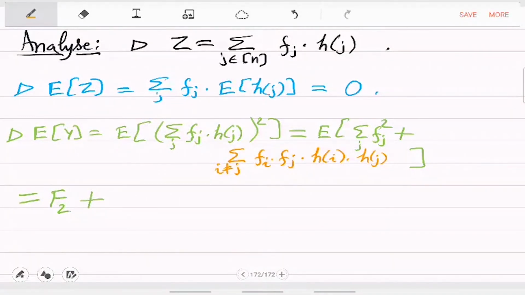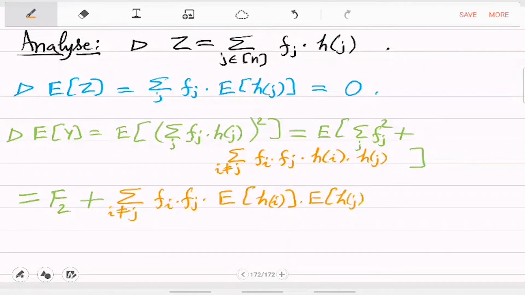So here by linearity of expectation, you take it inside. And in fact, I also factorize. I express it as Hi times Hj, the expectation of the first times the expectation of the second.